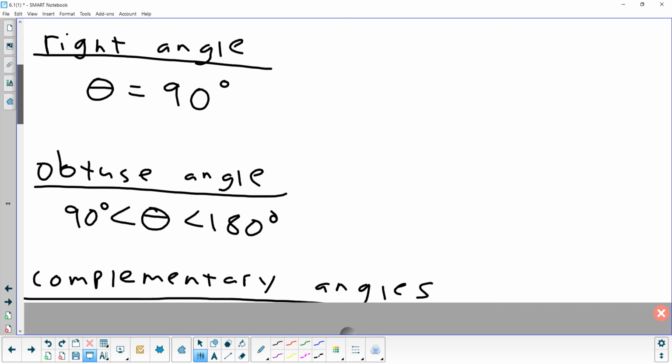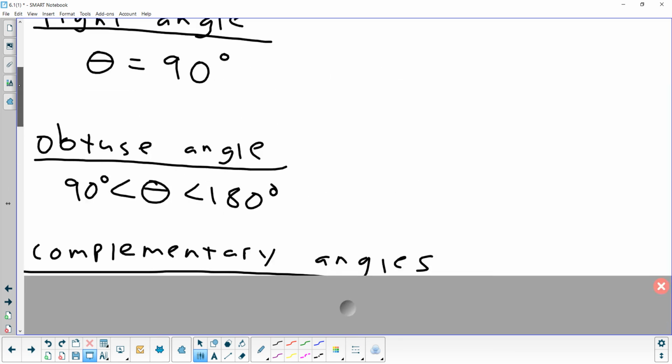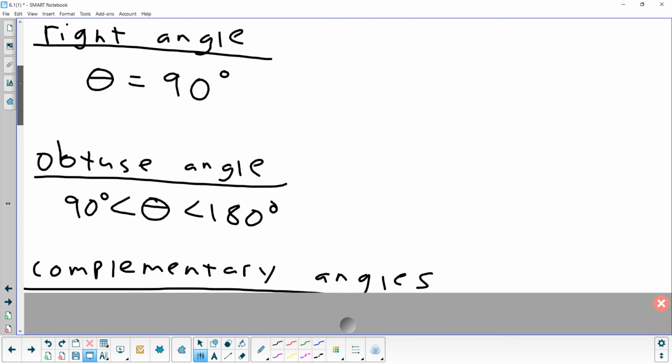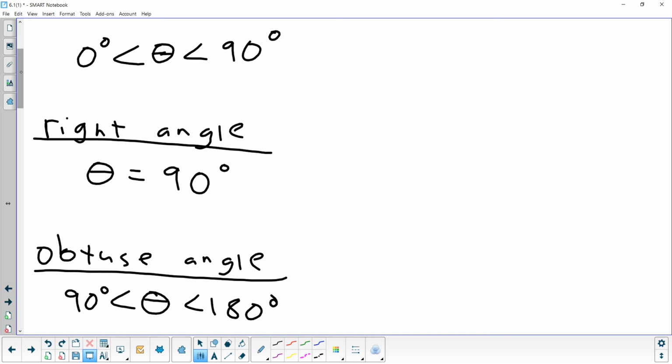Yep. And all those terms are used to describe a single angle. You could have one angle, they could tell you the measure of it, and then you could classify it as one of these three types. Acute, right, or obtuse. At least if we're dealing with triangles, that's all you'd have to ever think about, because angles in a triangle cannot be bigger than 180.